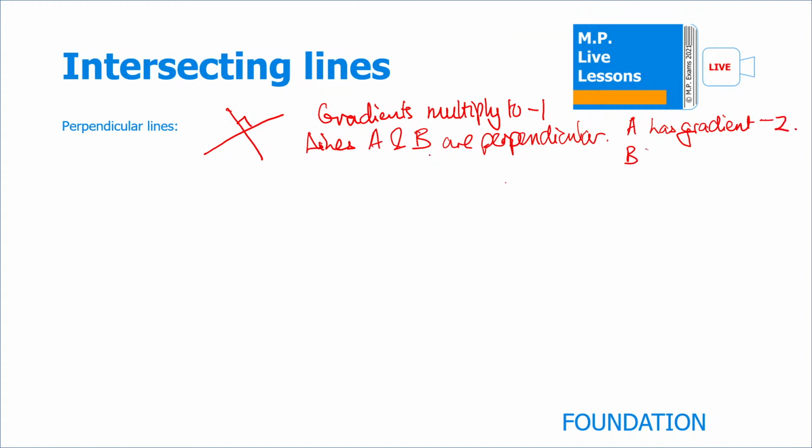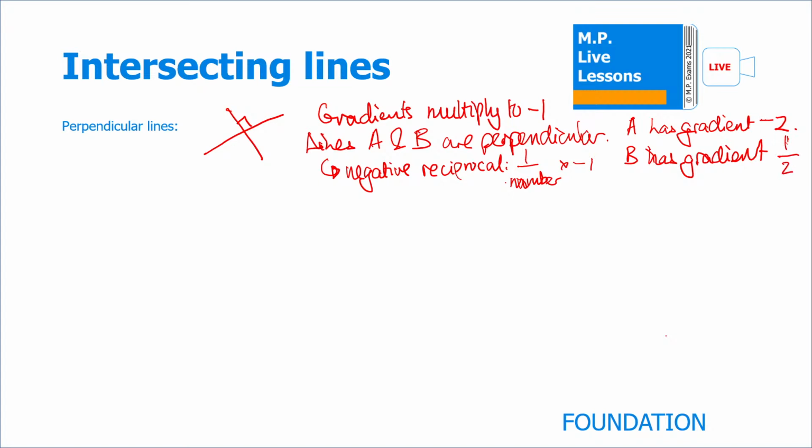B would have a gradient... Another way to do this is to take the negative reciprocal, then change the sign. So it'll be 1 divided by 2, and then a negative multiplied by a negative is a positive, so it'll just be positive a half. So you can see that minus 2 times a half would be minus 1, so the gradients still multiply to minus 1.